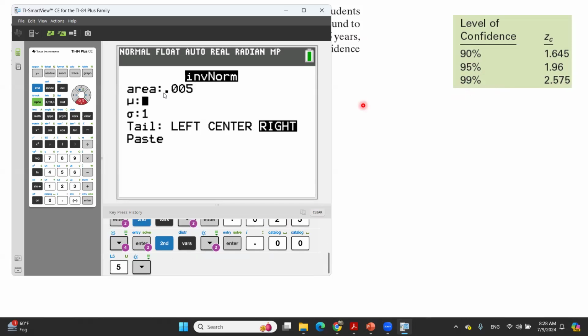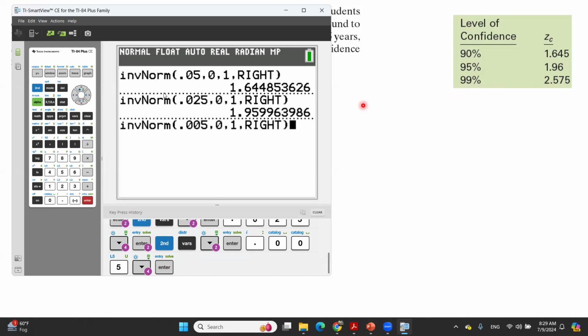Mean is 0, standard deviation is 1. The tail is on the right. Hit paste again. So as you can see, you have a z-value which is 2.5758. You can leave it as 2.576 or leave it as 2.575. So that's how you find your critical values if you don't remember the table below. Let's go back to our question.